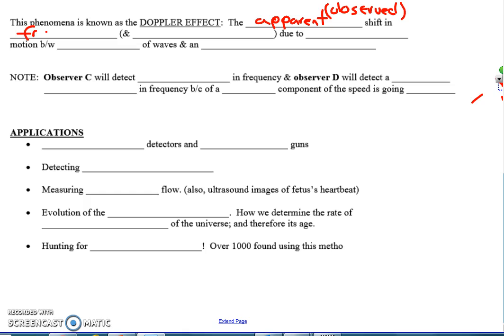Well, more than anything, we talk about a shift in frequency. But it's just as well wavelength. They go hand in hand. Due to, and this word is very important, relative motion between the source of waves and an observer.